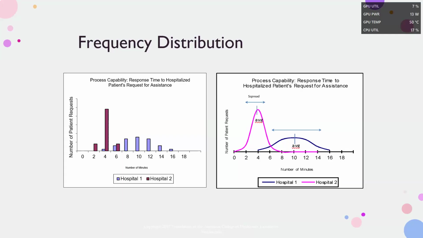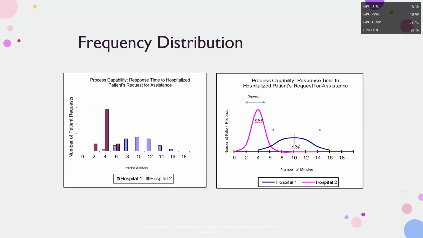So do you understand? Let's start with the fact, and we need to understand that both of these graphs are the same data. They're the same information. We've got one in a histogram. Again, this is a number of patient requests reported for hospital 1 versus hospital 2.